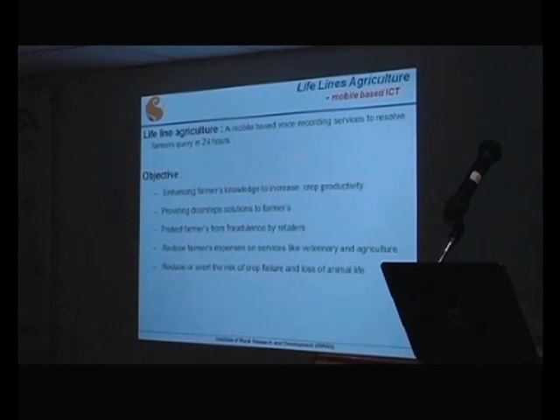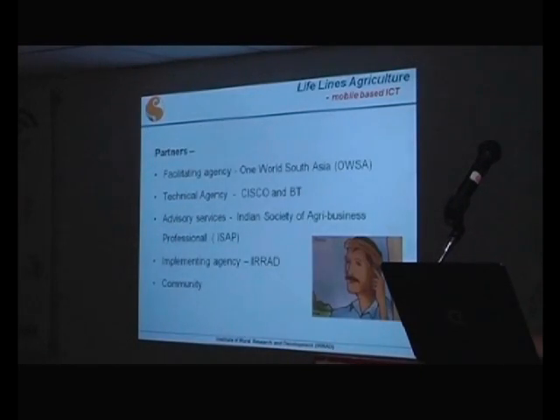In the program, IRAD, the Institute of Rural Research and Development, is the implementing agency, whereas we started work with One World South Asia, who is the facilitating agency. The technical partners were Cisco and BT. The advisory services were provided by the Indian Society for Agribusiness.